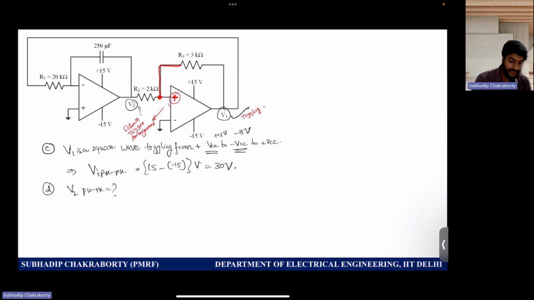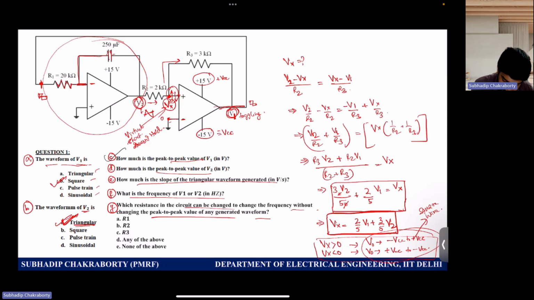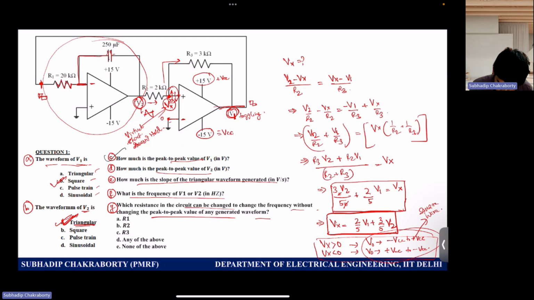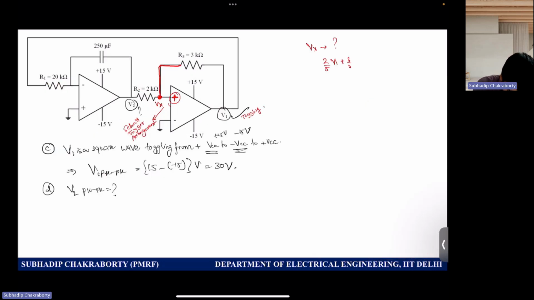So now can you write down the toggling condition, because we have already determined the value of Vx. We have already determined that, right? Vx is 2 by 5 V1 plus 3 by 5 V2. If this is greater than 0, which is nothing but this node, then we have the toggling of V1 from minus VCC to plus VCC.